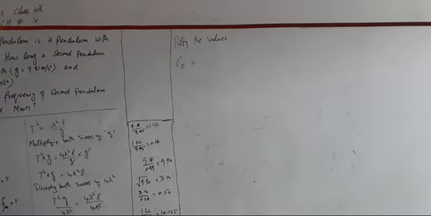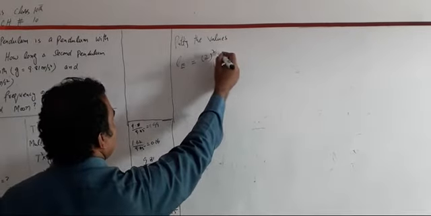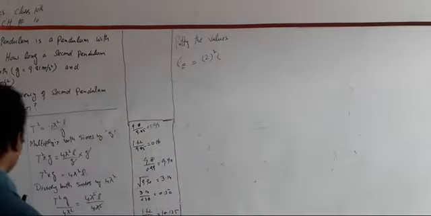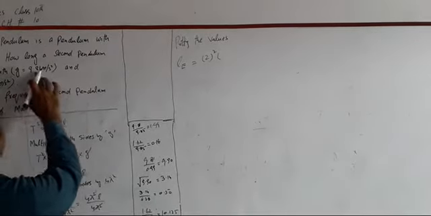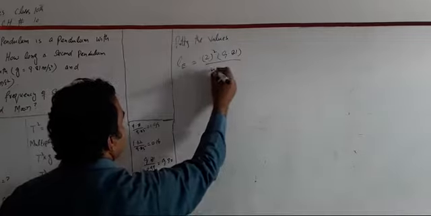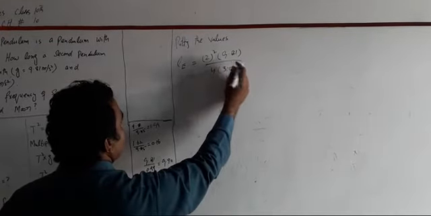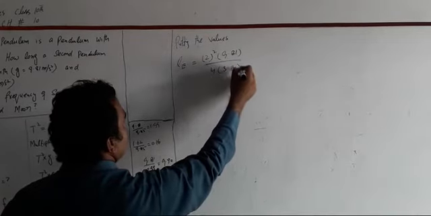Here the value of time period is 2, so I will write 2 whole square. The g on earth, the value of g on earth is 9.81, divided by 4 pi square. So 4 into 3.14 whole square.